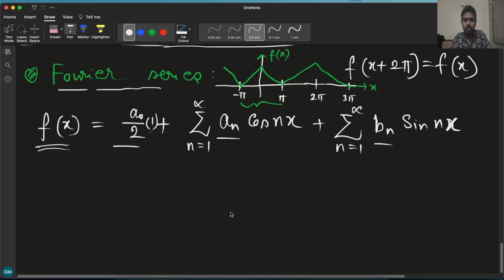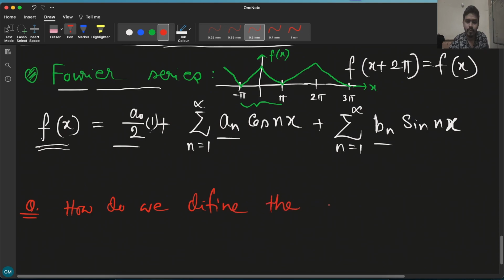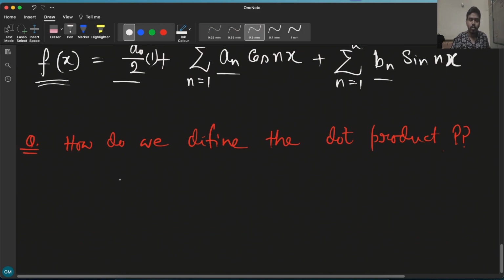Okay, so in that case, we should have a notation for what we mean by dot product, what we mean by inner product, in the case of these functions. So the question is, how do we define the dot product or the inner product for functions?